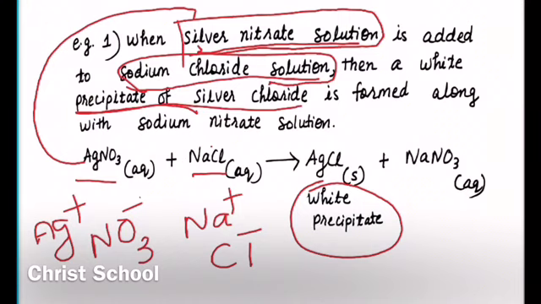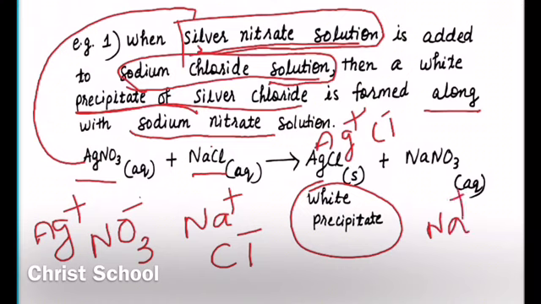Silver Ag plus, chloride Cl minus, exchange valencies, you will get AgCl. And the second product is an aqueous solution of sodium nitrate, sodium Na plus, nitrate NO3 minus. The formula you will get is NaNO3. This type of double displacement reaction is called precipitation reaction.